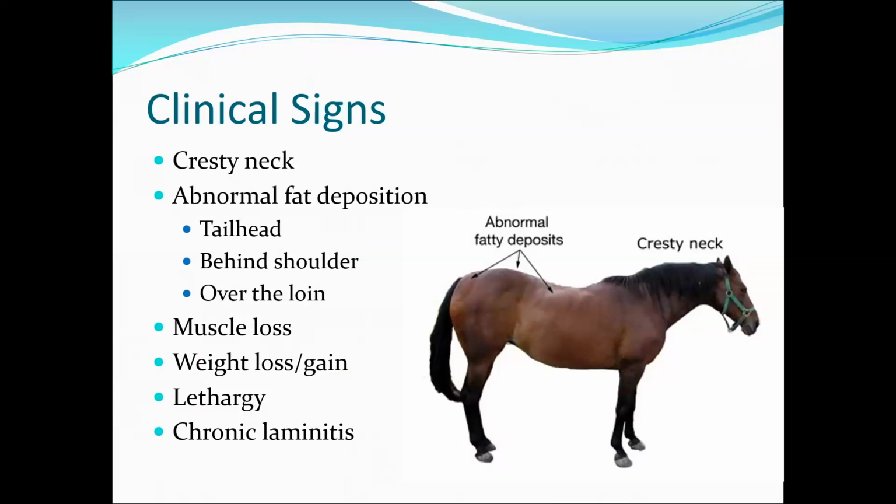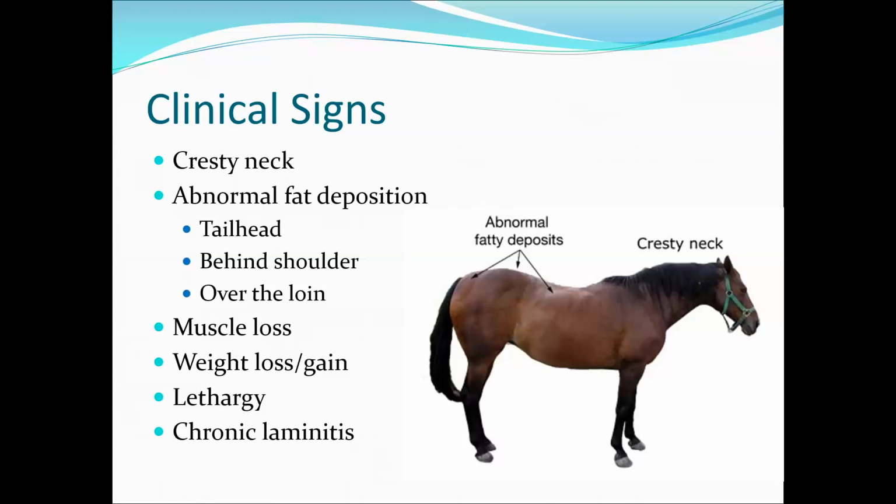All right. Many times these horses have muscle loss. So although they're fat, they can be skinny in other areas. All right. Weight loss or gain. That can be confusing, right? Why are they losing weight versus gaining weight? So typically early on in the disease, they get fat. As they start to decompensate, they can get skinny.